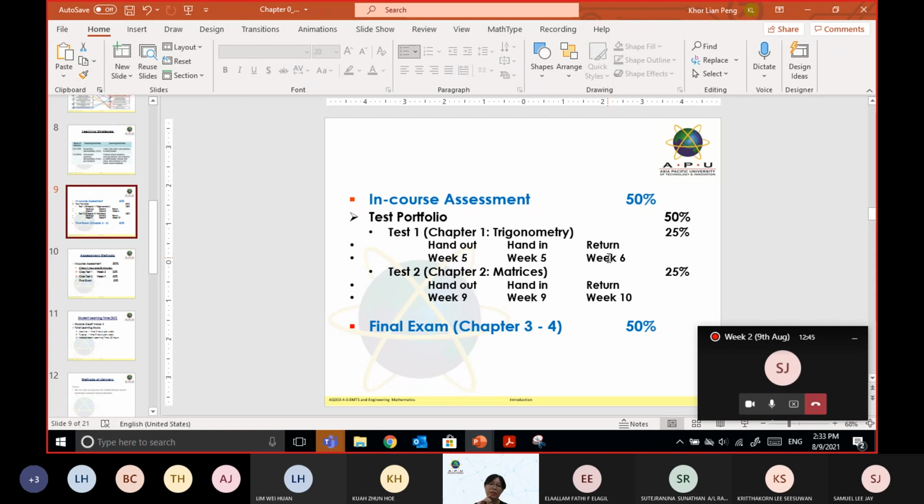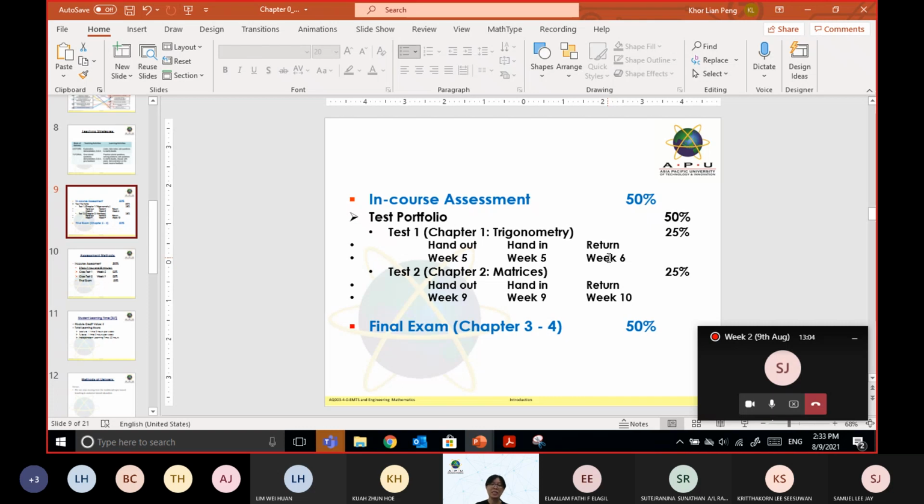Last week when I saw you for the first time, when I did the introduction, I did mention that there may be some changes to the assessment. It's already finalized, so I'm going to update you about the assessment here.